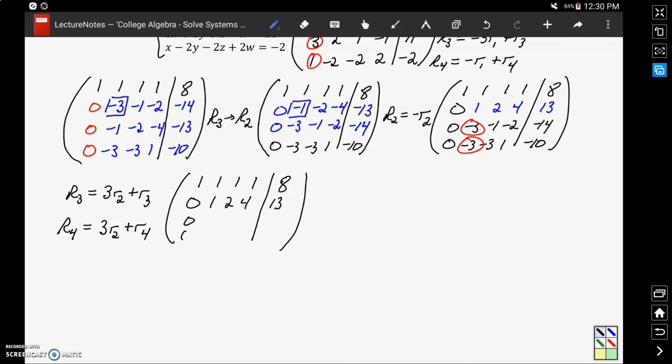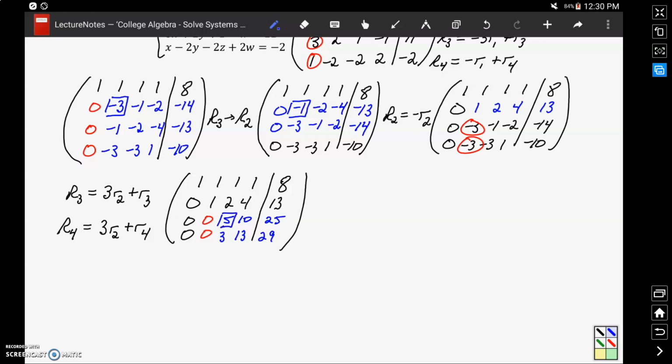So the zeros at the beginning of those rows will remain unchanged. The values in the second column will both get zeroed out, and our remaining results will become 5, 10, and 25 in row 3, and 3, 13, and 29 in row 4.